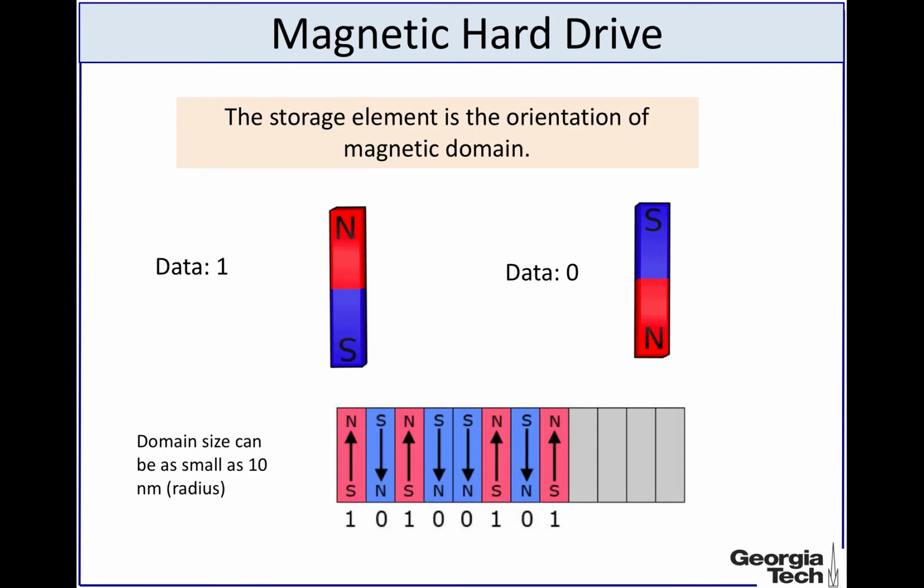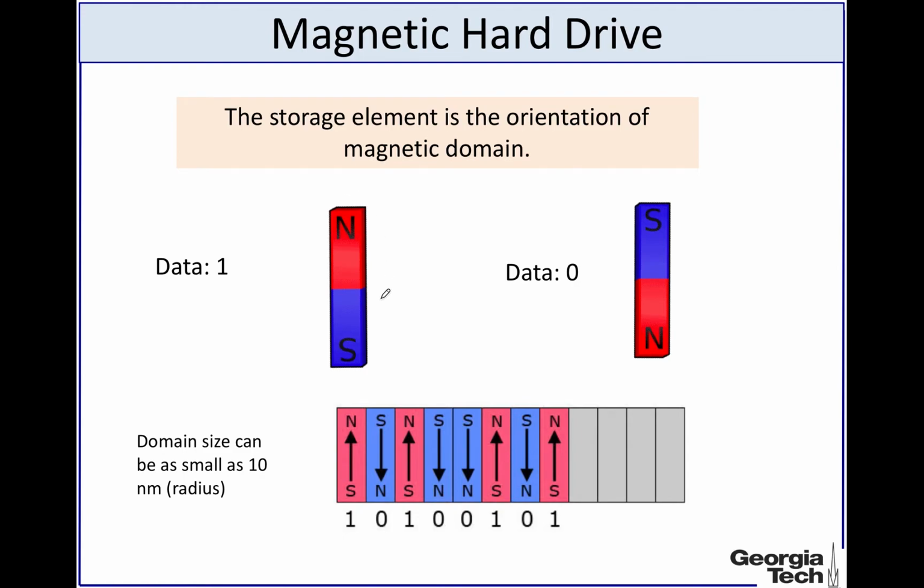Alright, so now let's look into magnetic storage devices or magnetic hard drives. In a magnetic hard drive, the storage element is the orientation of the magnetic domains. For example, here what is being shown is a simple bar magnet. A magnet has two poles, the north pole and the south pole, and say this also represents a magnetic domain.